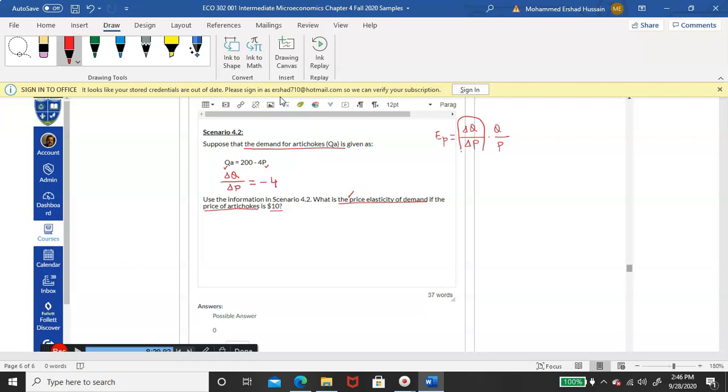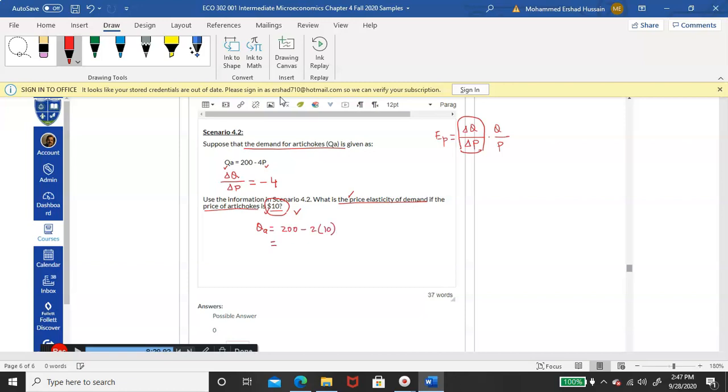So that value we will substitute in here, right? P is given. We want to measure elasticity at price equal to 10. Now we want to find out the corresponding Q when the price is 10. To find that, let us substitute and solve. The demand is 200 minus 4 times P. Now we want to know what the demand will be when the price is 10.